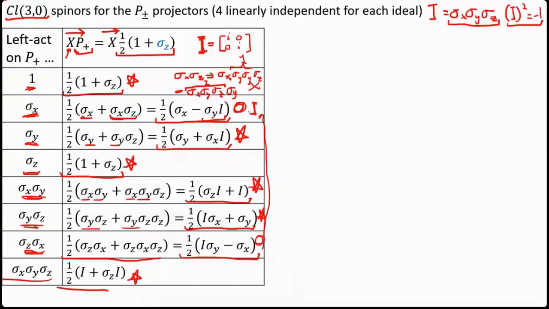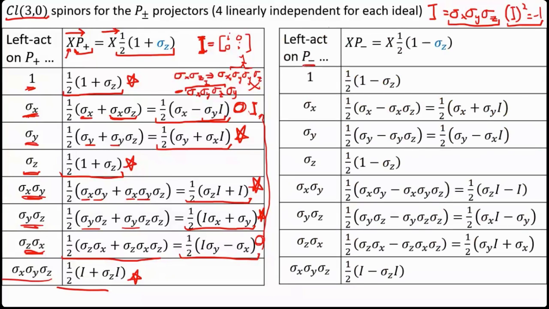So we have an 8-dimensional space, and this projects it down to a 4-dimensional space. And if we use P minus instead, we get another 4-dimensional space. And it turns out we basically just have to reverse a bunch of signs. So we're reversing the signs of some things, but not others. Like, this is still a +1, this is still a +x, +y.